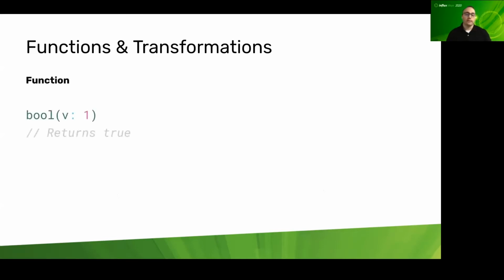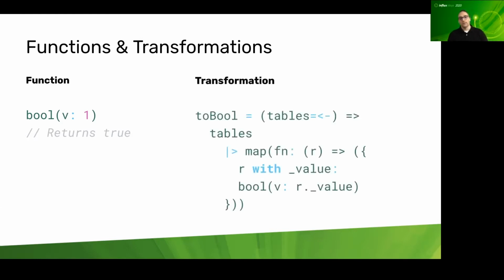To illustrate the difference between a function and a transformation in the code, this is a primitive that exists in the Flux language, bool. It takes a value and converts it to a Boolean value. Again, the input is static and the output is static. But I could build a transformation that takes an input stream of tables and converts all the values of the value column to Boolean values.